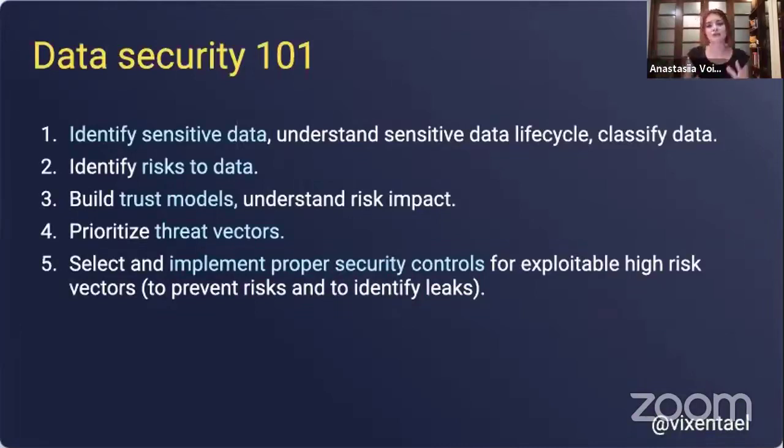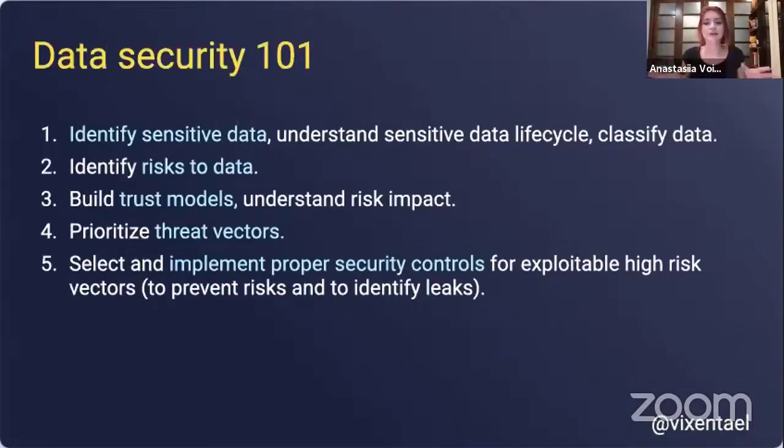What are the risks for these components? What are the risks for the threats? You do threat modeling. You build risk and trust models. You try to understand risk impact. And when you understand all that, when you map the data flow, you try to select, or design, and then probably implement proper security controls around data.